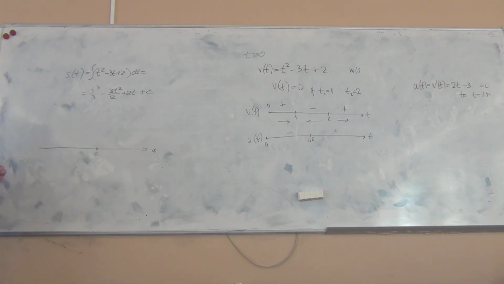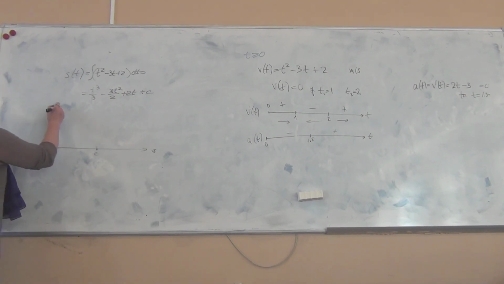Now, we could, of course, find the coordinate after 1 second, after 2 seconds, after 3 seconds, after 4 seconds. But if we are only interested in the displacement for the first 4 seconds, then we have to find the location after 4 seconds.